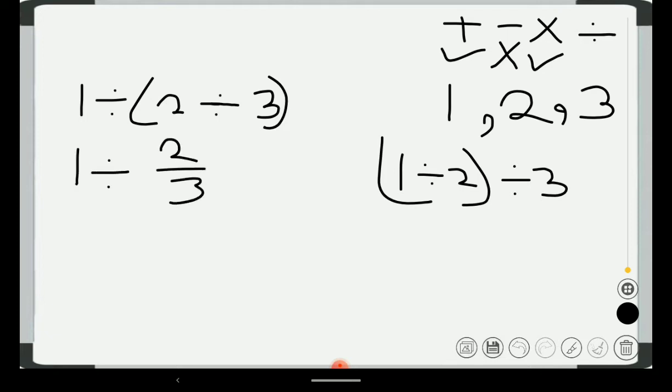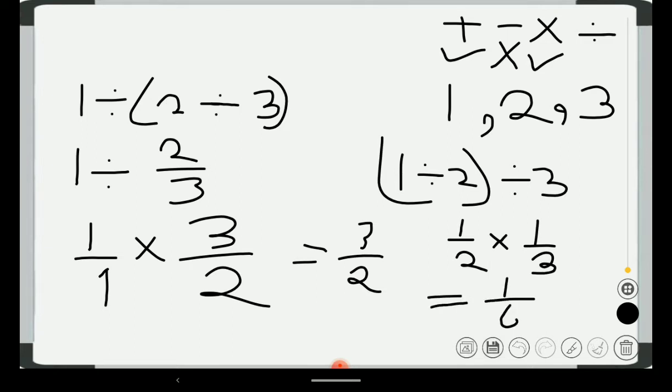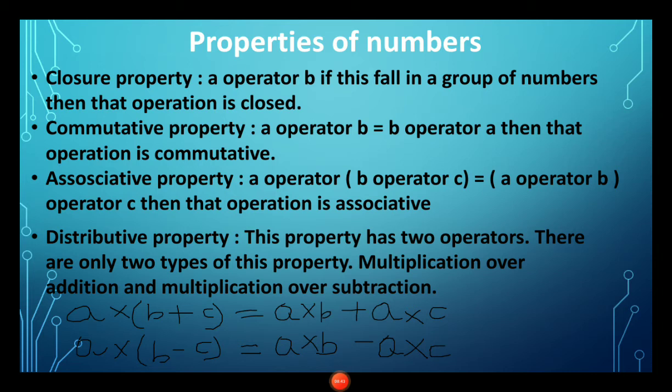Now 1 by 1 into 3 by 2, which is equal to 3 by 2, and 1 by 2 into 1 by 3, I have directly taken the reciprocal, which is 1 by 6. So 3 by 2 and 1 by 6 are not equal. So division does not follow the associative property. Again, I am repeating that reciprocal and division of fractions you will learn about later.